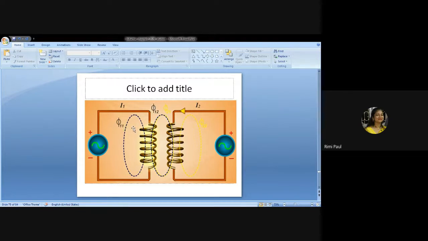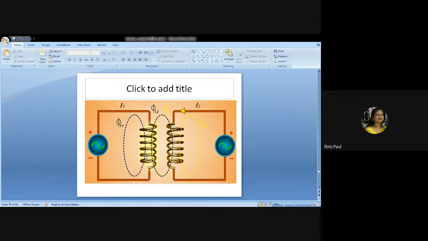Similarly, if I place this coil here and it is connected to an alternating supply, it will produce a flux phi 22. If I place the other coil here, a part of phi 22 will connect to this coil.